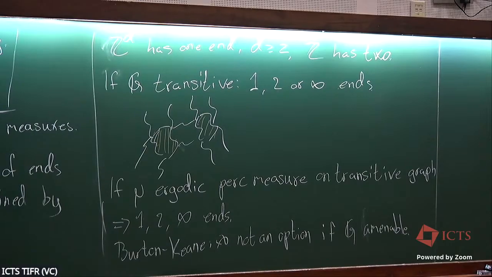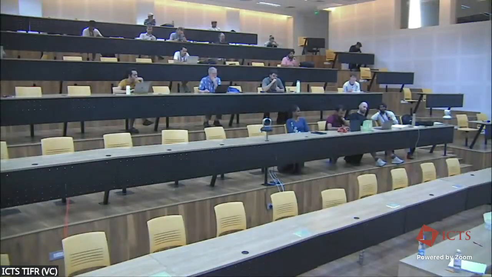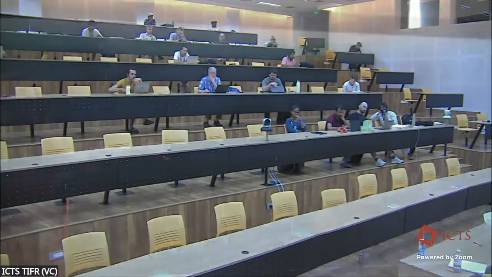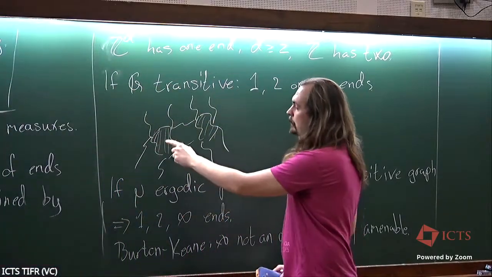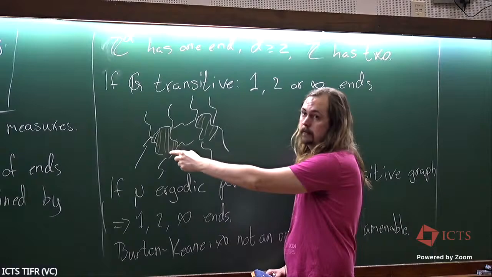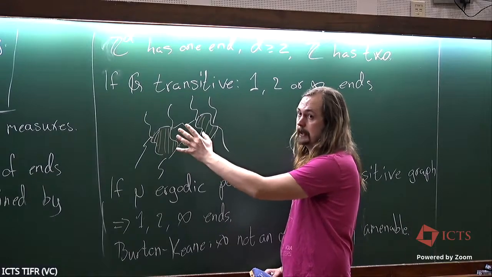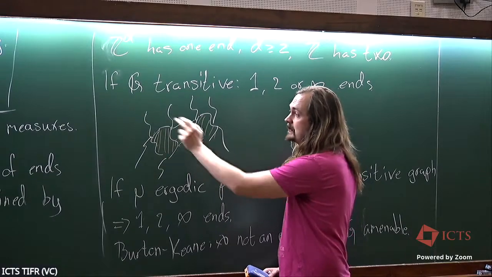Ulrik? Yep. I didn't really understand the G is transitive, 1, 2, or infinitely many ends. Can you just repeat it very quickly? So what's the picture there? Right. So suppose I have one place where, if I remove this finite subgraph, then the complement has 3 infinite connected components. They're distinct, and there are these 3 guys.